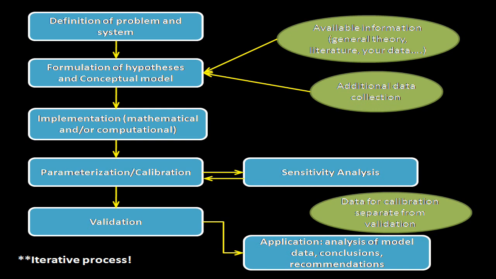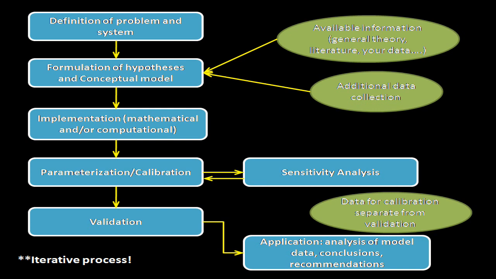But I have this double asterisk here, saying it's an iterative process. So usually you're implementing it, parameterizing it, but then you revise it again, and then you start thinking about if your conceptual model was actually correct, or were there actually missing components that are key to allowing it to be representing the real world concretely.